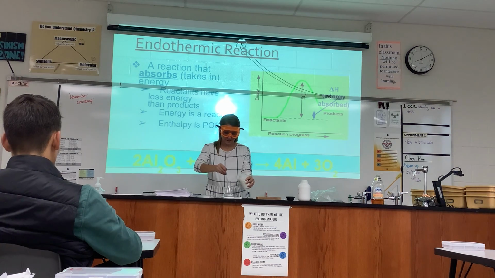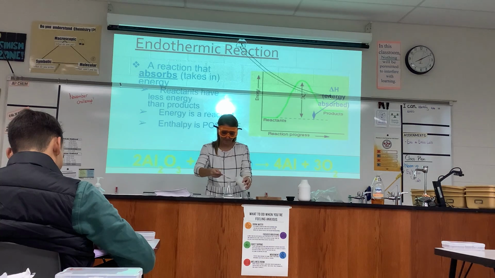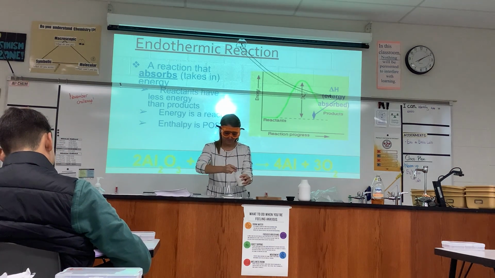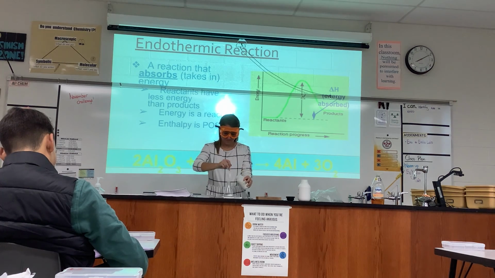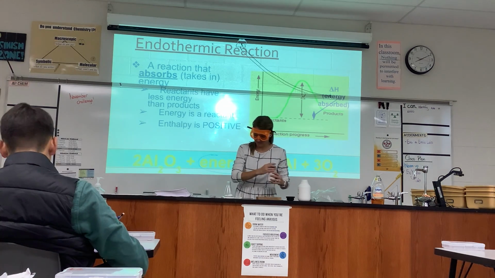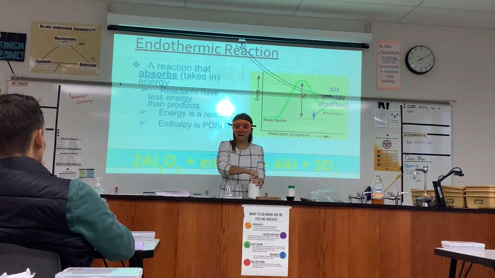It's really flaky. It kind of looks like fake snow a little bit. All right. And then I'm going to add some of this, and then I'll just mix it together.